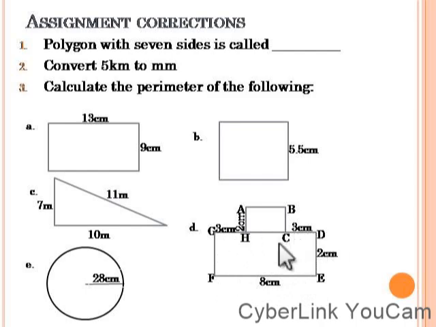But looking at GD, it is not given complete. We are being given some part of it. GH is given to us as 3 and CD is given to us as 3. But we still have some part of it that is not known. That is HC. So we can now say, what number must we add to 3 and 3 to give us 8?